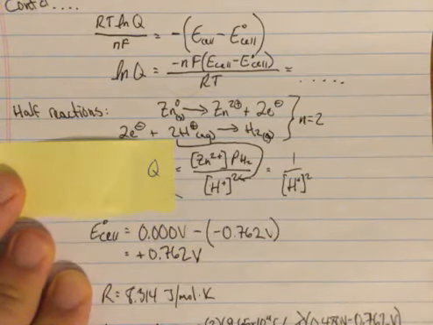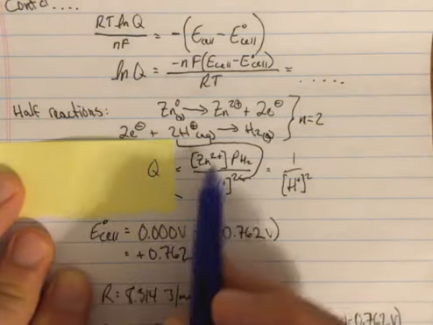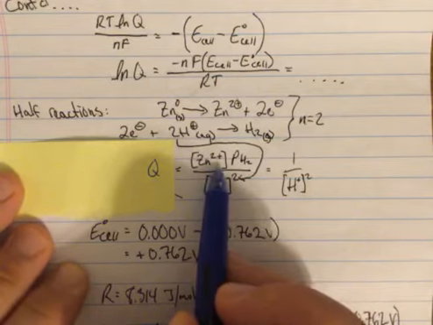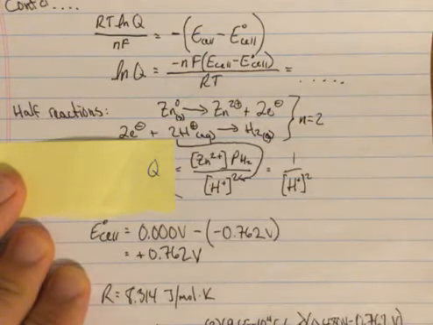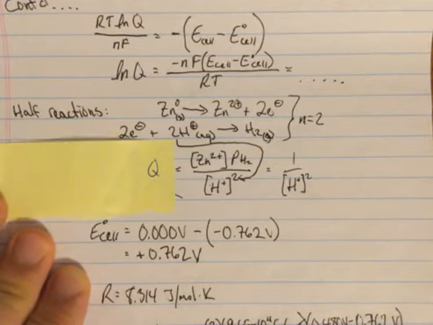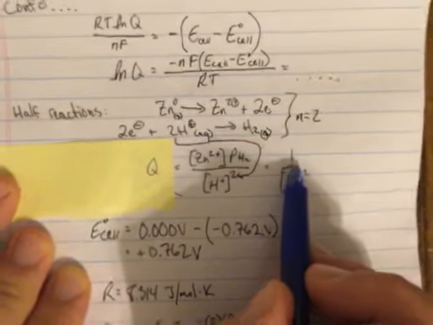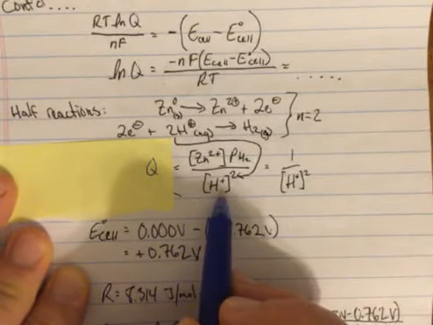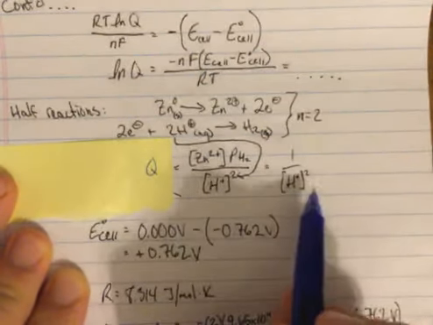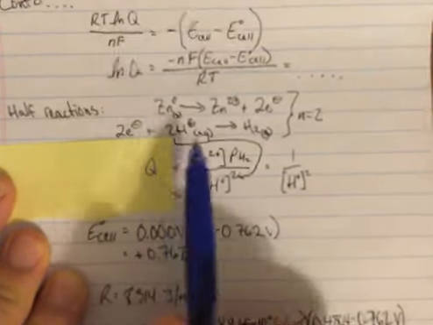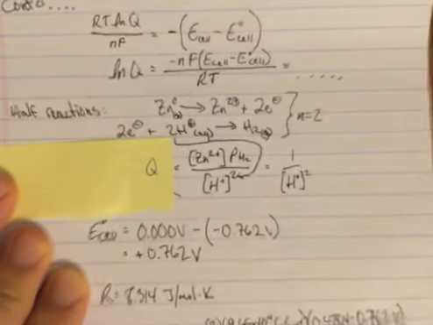Partial pressure you can just assume to be 1. This is already mentioned as 1 if you take a look back at the previous page that I had. So it's going to be 1 molar. That means everything is just going to be 1 on the numerator, and the denominator is going to be your H plus concentration, squared, again from the 2 coefficient right there.